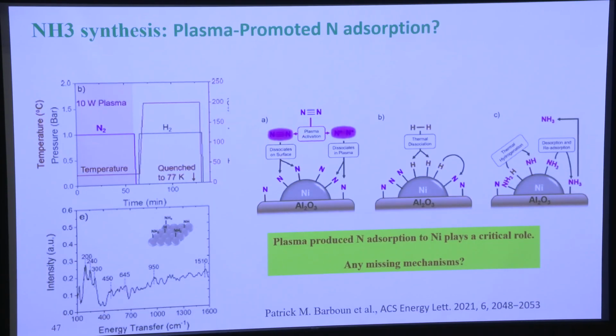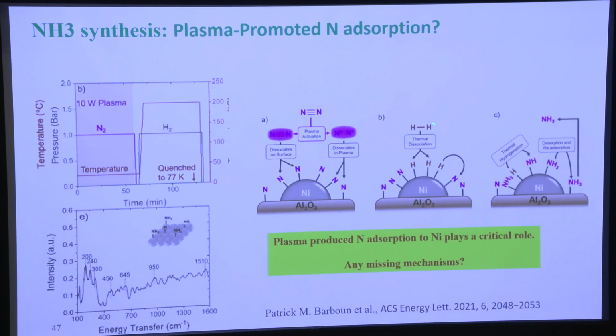In terms of mechanism, the same group at Notre Dame published a paper 3 years later saying that if you have a plasma, you can activate nitrogen without hydrogen at a low temperature, then increase the temperature and just flow hydrogen, and they found a lot of ammonia is formed. The reason is that in the nitrogen process, the plasma creates nitrogen atoms on the surface.